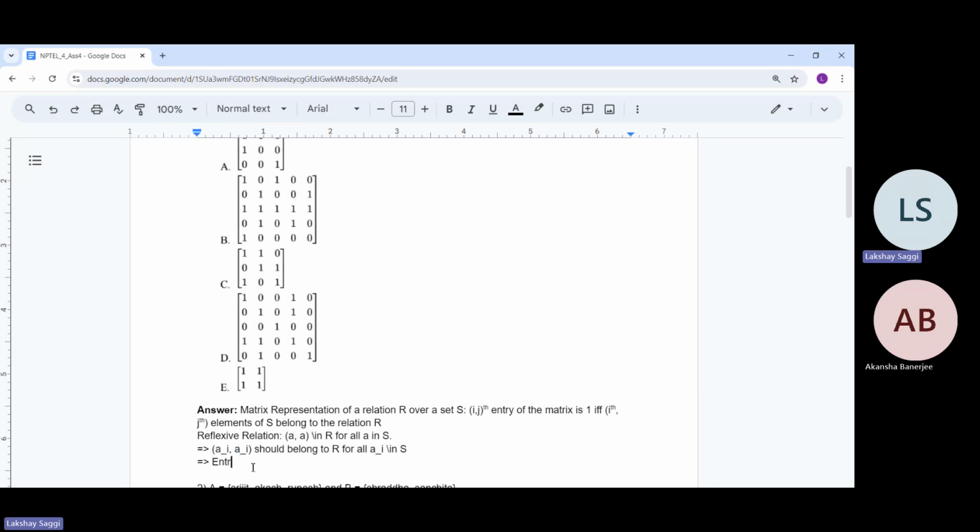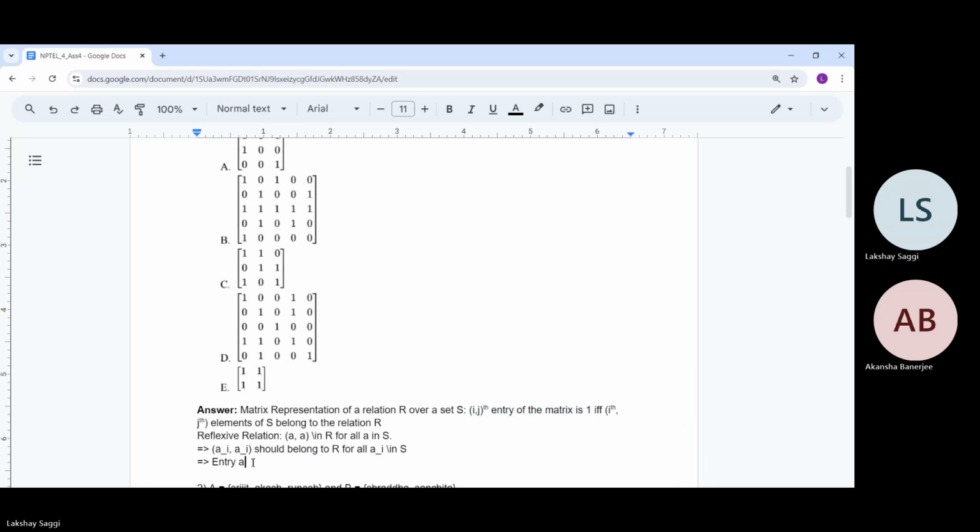So if this is true, that AI comma AI should belong to R for all I in S, then what does this mean in the form of matrix representation? If the I comma jth element of S belongs to the relation R, and here both i's are equal, so this is I comma I, then effectively the I comma ith entry of the matrix should be 1.